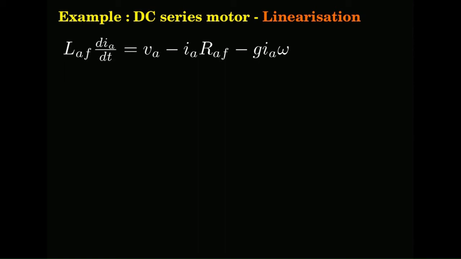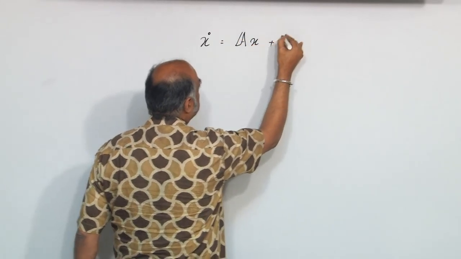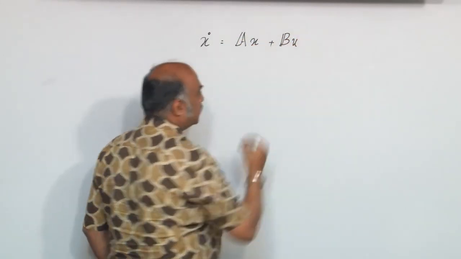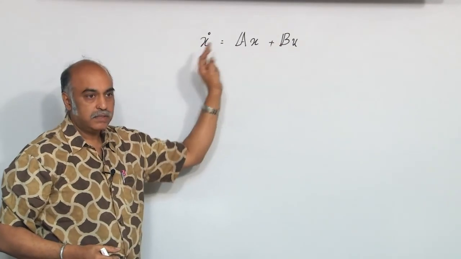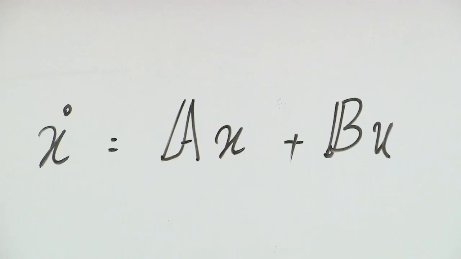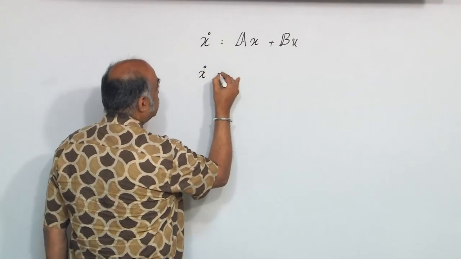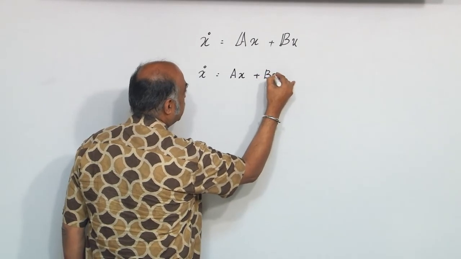See, we know that x dot is equal to AX plus BU. Okay, this is our standard state equation format. These are matrices, vectors, state vectors, and the input vector. Okay, I will take a first order single state equation. It will be x dot is equal to AX plus BU, right.